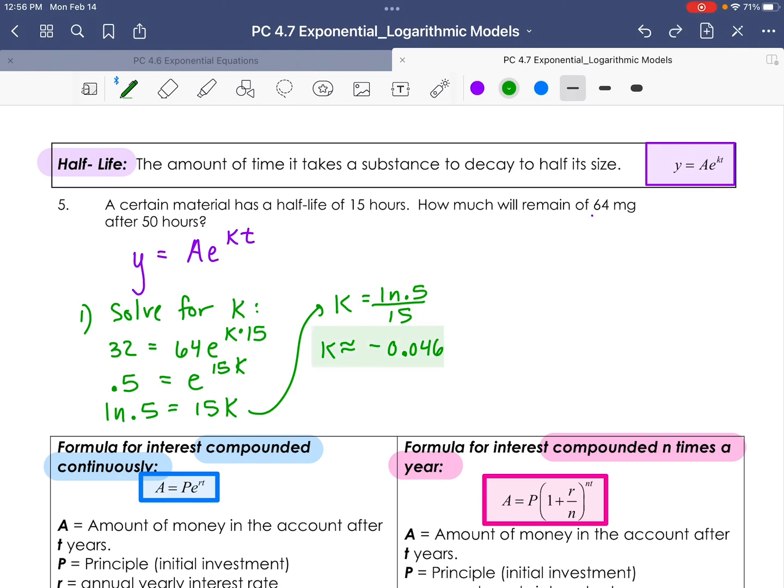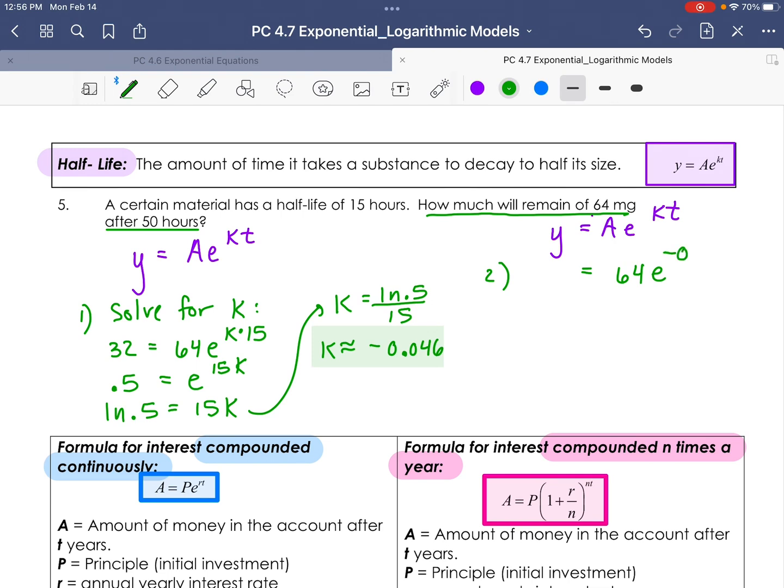Okay. Step 2, because that's just solving for the K value. Now I can answer the question: how much will remain after 50 hours. So I'm going to start with Y equals AE to the KT. Now I know my K value. I want to know, starting with 64, how much is going to remain?